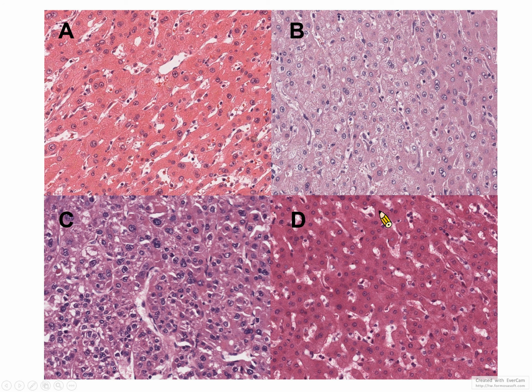So there are 4 liver pathology images, A, B, C, D. Only one of these is the cancer cells. So which one is the cancer? Okay, so probably you already know the answer, because in A, B, and D, the cell arrangement is still okay, but in C it seems very irregular.